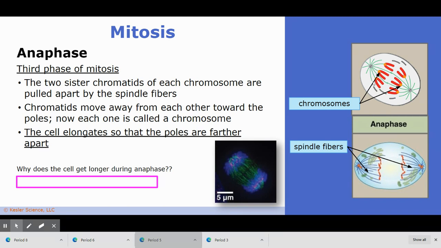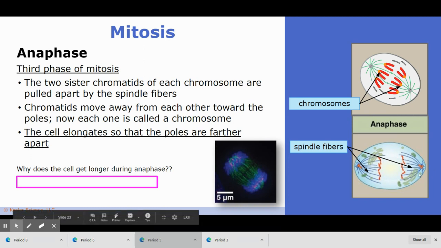So you can see at the top that they're not connected like sister chromatids anymore. They've been pulled apart, and they're being reeled in by the centrioles and pulled to the ends of the cell. You can see the cell is getting longer, more egg-shaped, because eventually if you draw a line down between these chromosomes, it's going to divide into two separate cells.